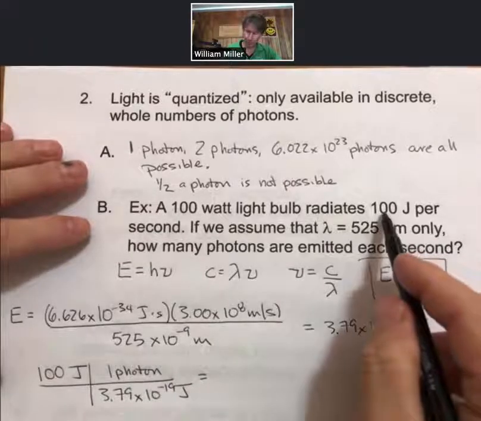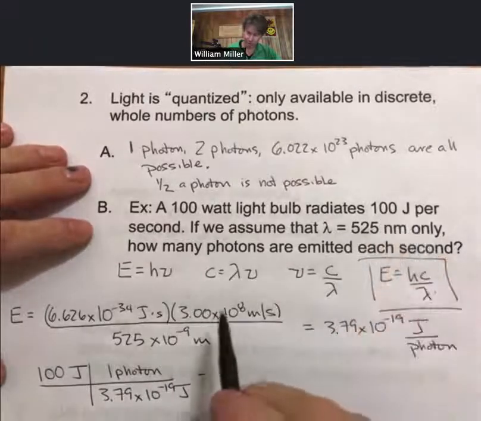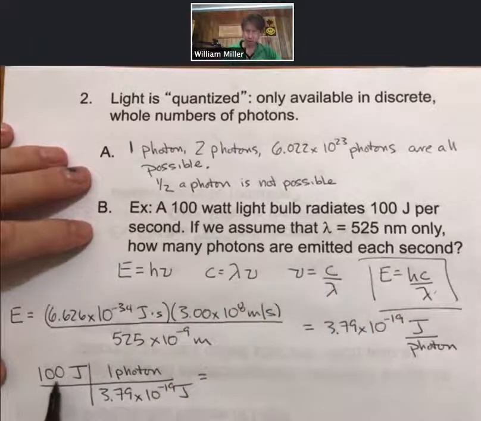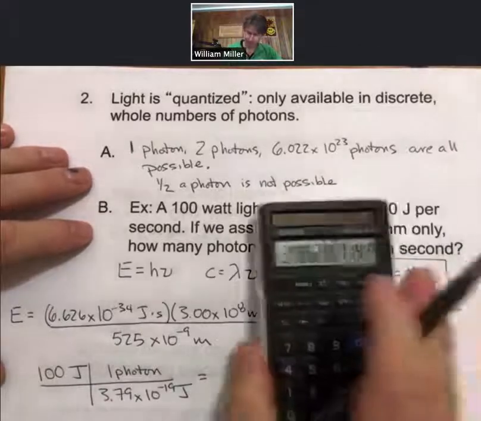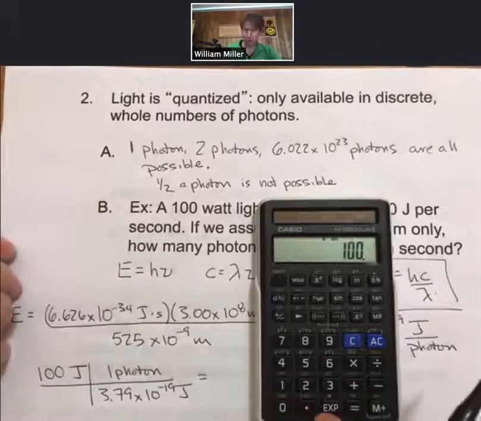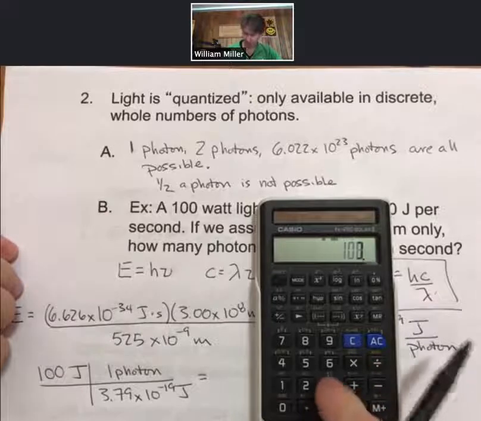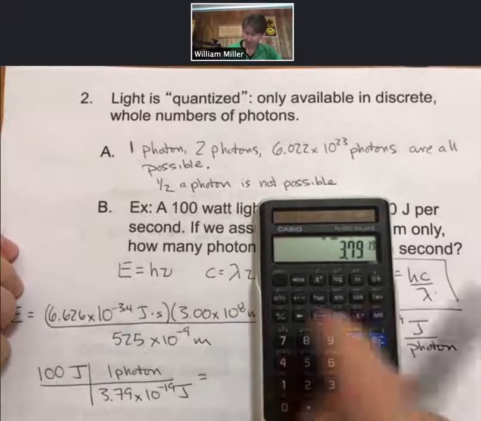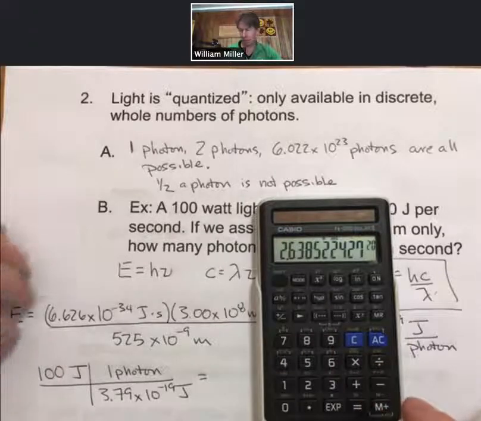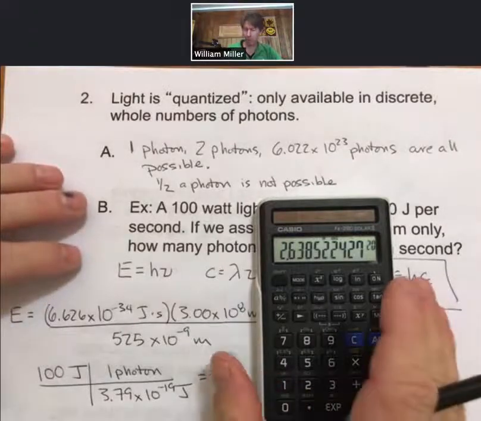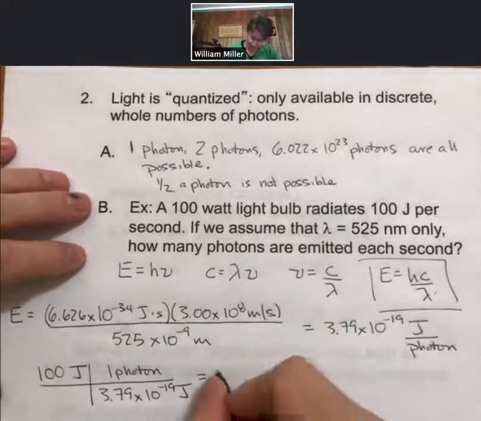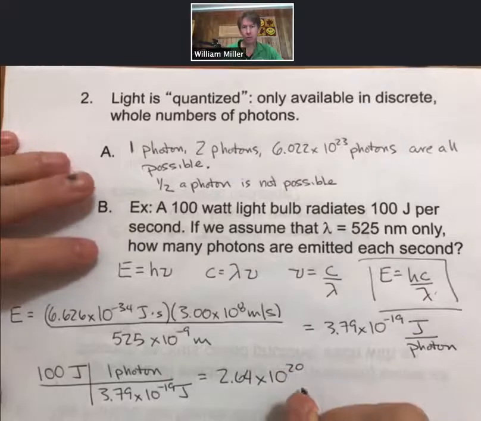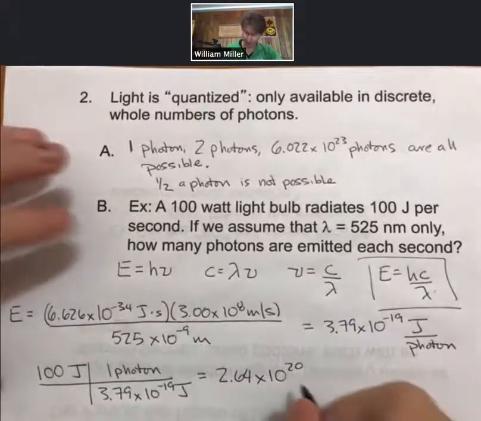The only part we need is the 100 joules for this part, because it says how many photons are emitted each second. So we'll start just with our 100 joules. 100 divided by 3.79 times 10 to the minus 19. And I get that there are 2.64 times 10 to the 20th photons.